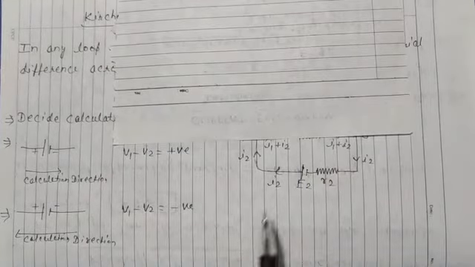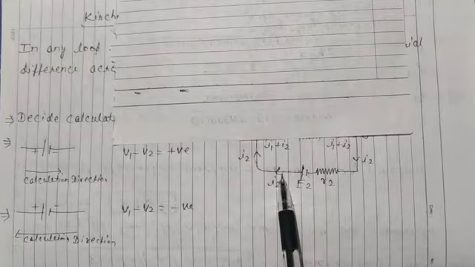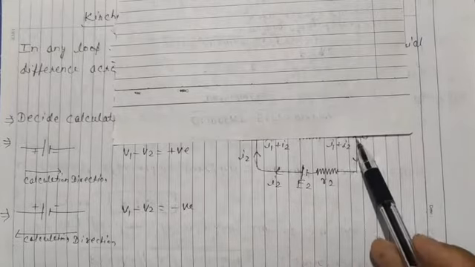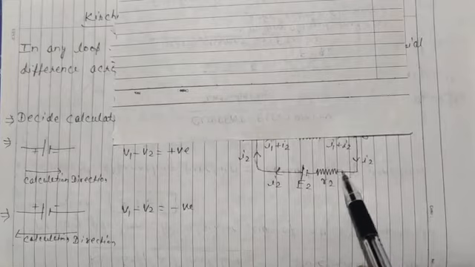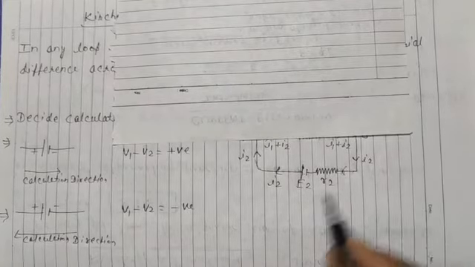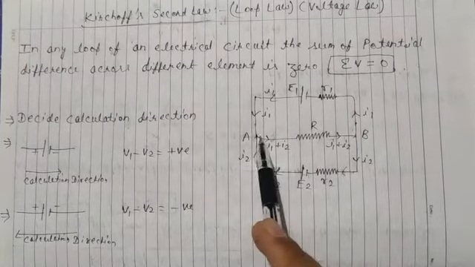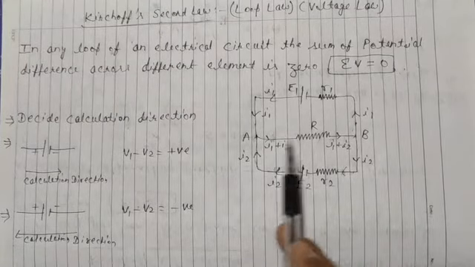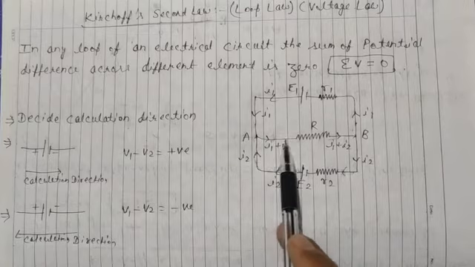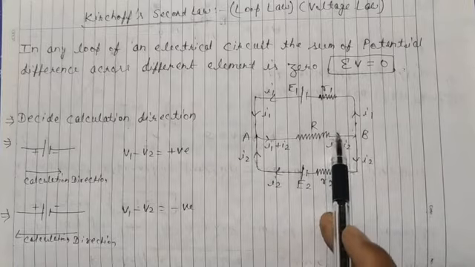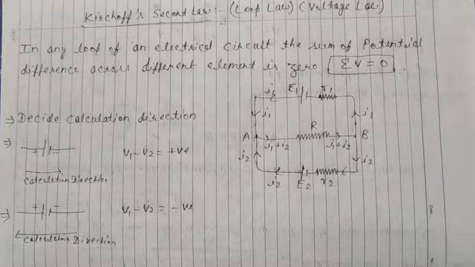Similarly, in this branch, if the current is I2 here, then here is also current I2. And the third branch, this third branch A to B. If here is current I1 plus I2, here is also current I1 plus I2.